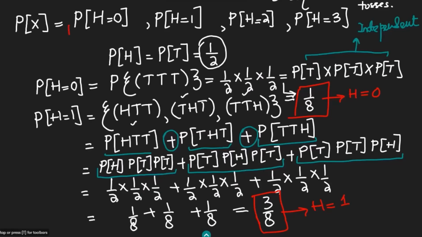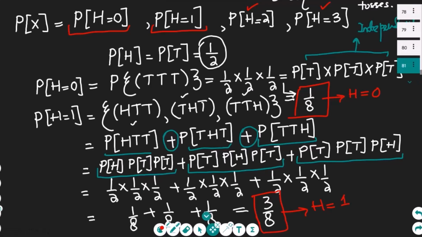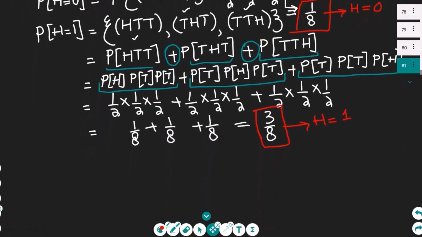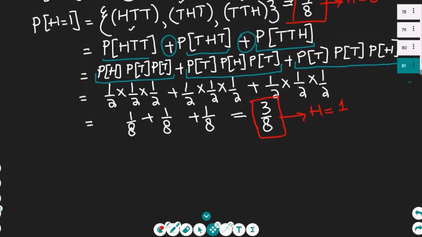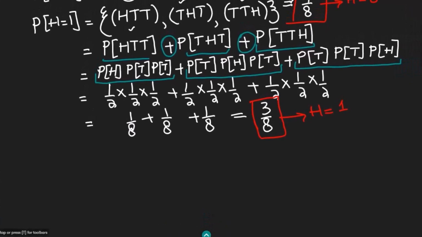The first one is heads equal to 0, the second one is heads equal to 1, the third one is heads 2 and heads 3. So let me find them out as well, and for it let me move down. Here I have to find the probability that heads is 2, and what are those events.